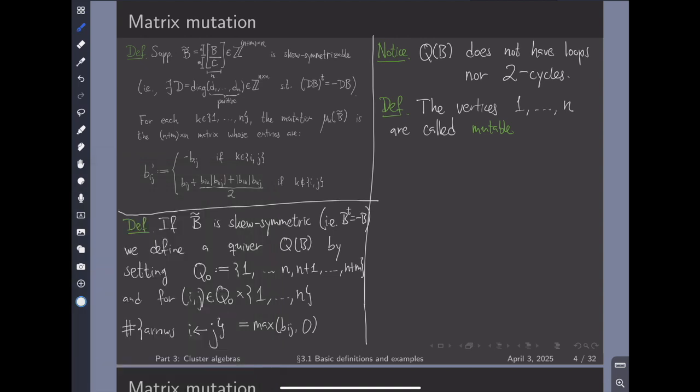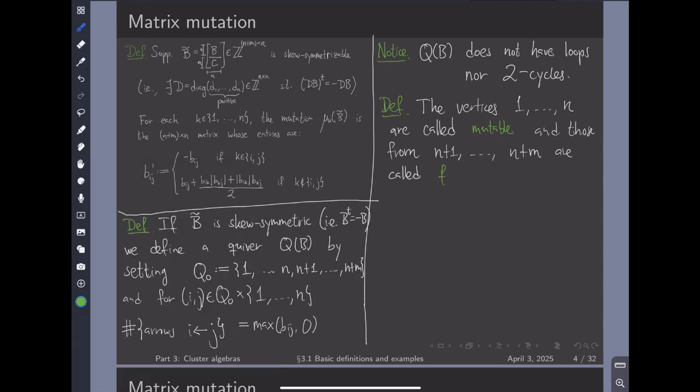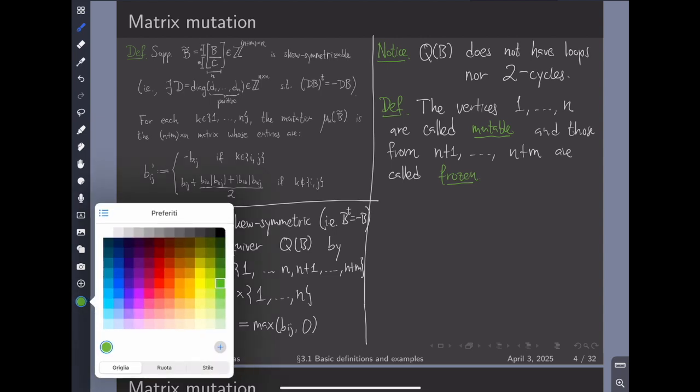And those from n plus 1 to n plus m are called frozen. Some people call the frozen ones also coefficient vertices, but that's just okay.